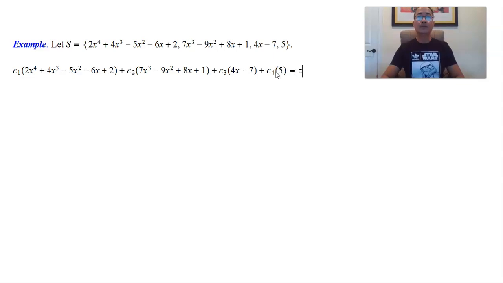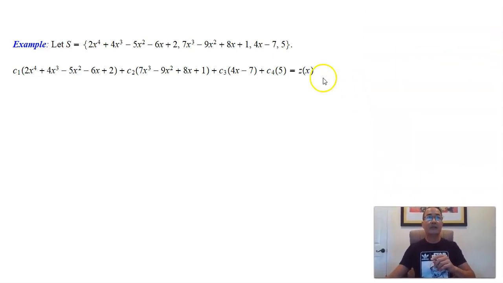So we want to know, are there any non-trivial solutions to this dependence test equation?